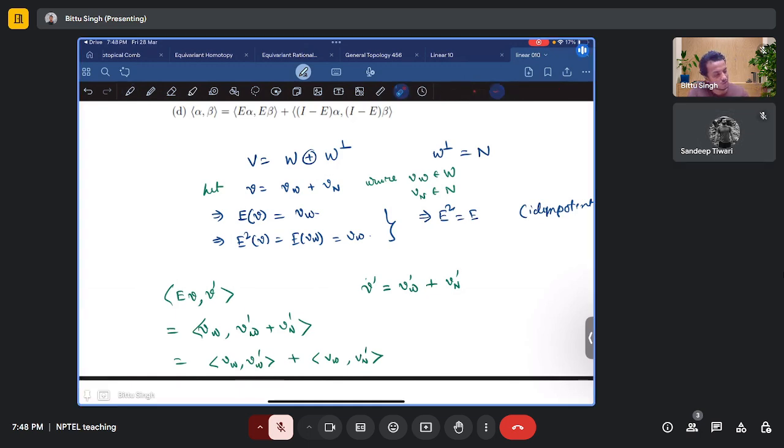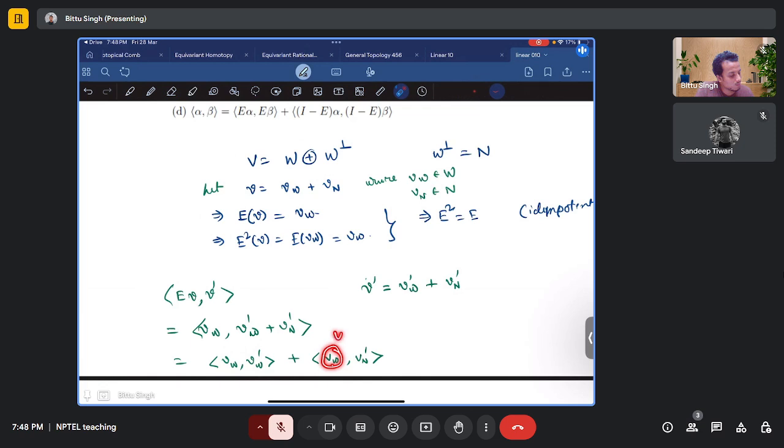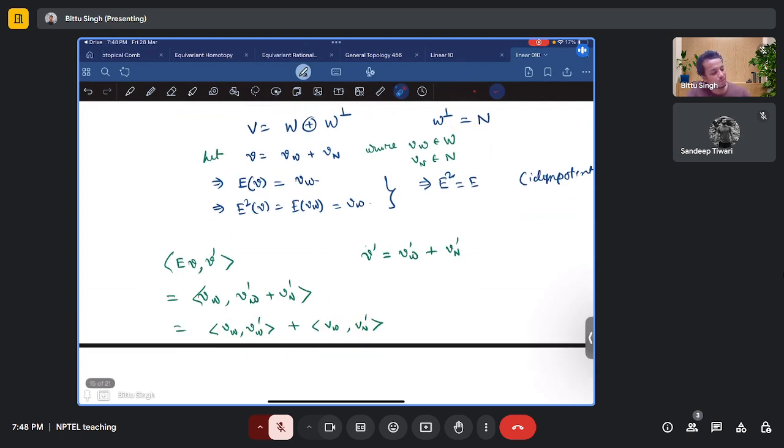The second one is 0, because the first is in W and the second is in W perp, the normal component. So this is the same as the inner product of Vw with Vw dash.